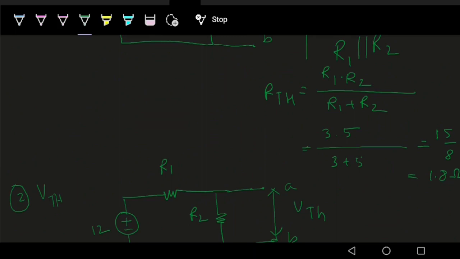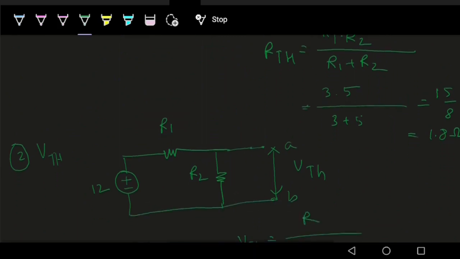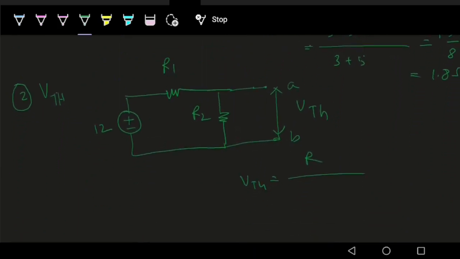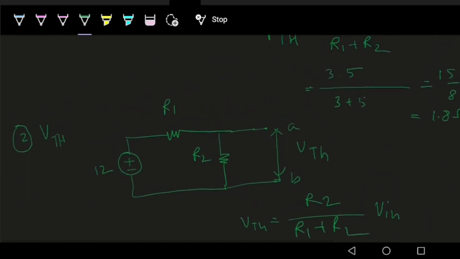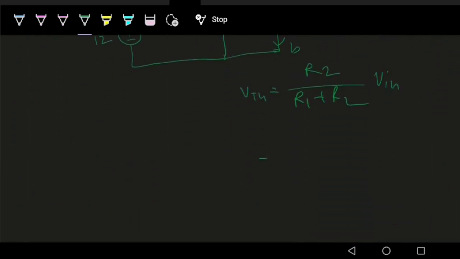So VTH equals, this is a simple voltage divider circuit, so R2 divided by R1 plus R2 into input voltage. Substitute the values. R2 we had 5 ohm, 3 plus 5 into 12, so it is around 7.5 volt.